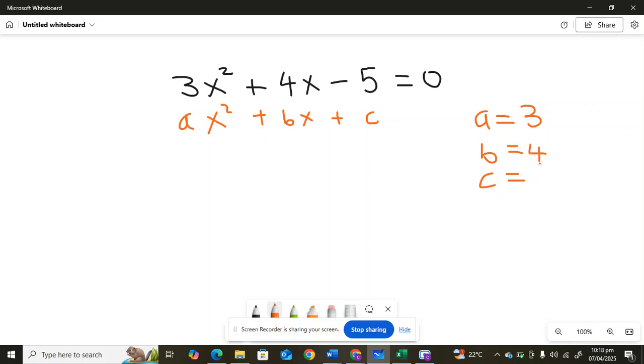What is our c? Negative 5. Wonderful. That's the first thing that you need to do with this type of question. Any questions, colleagues, before we go to the next thing?